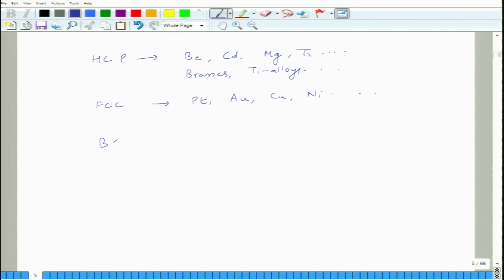And then BCC structured metals are things like iron, tungsten, molybdenum. These are all BCC based materials. And then simple cubic is polonium, Po. This is perhaps the only metal in the periodic table which is simple cubic structured.